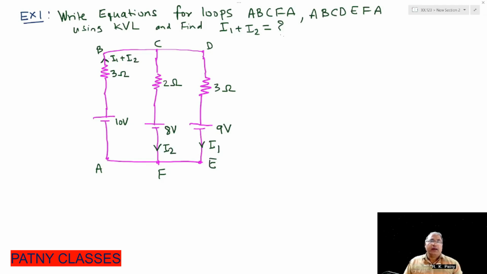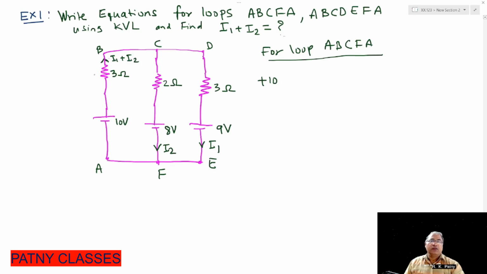Example 1: write equations for loops A, B, C, F, A and A, B, C, D, E, F, A using KVL and find I1 plus I2. Now for loop A, B, C, F, A, we start from A, moving from lower to higher potential, so plus 10.